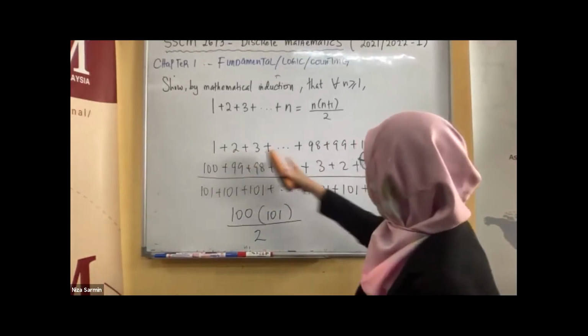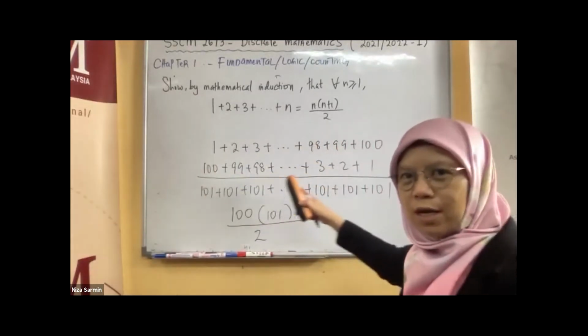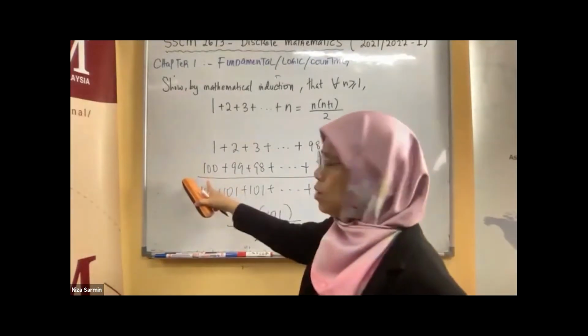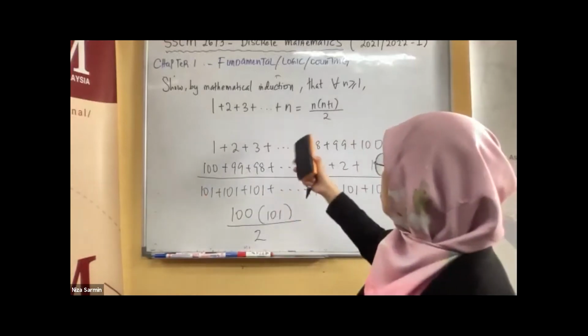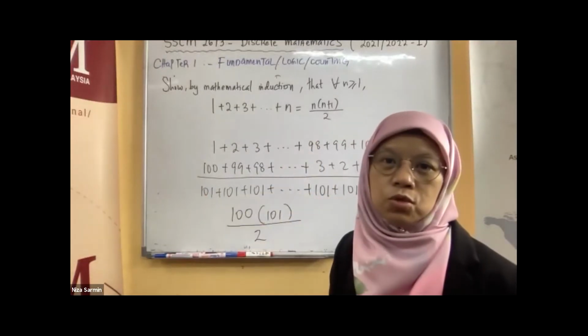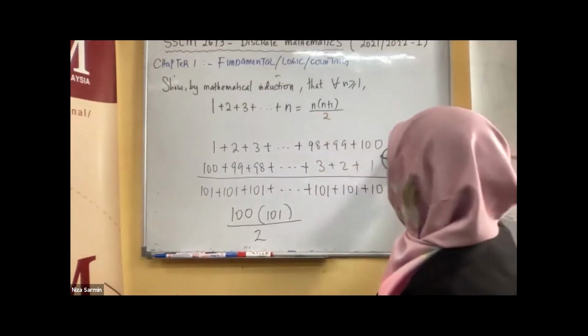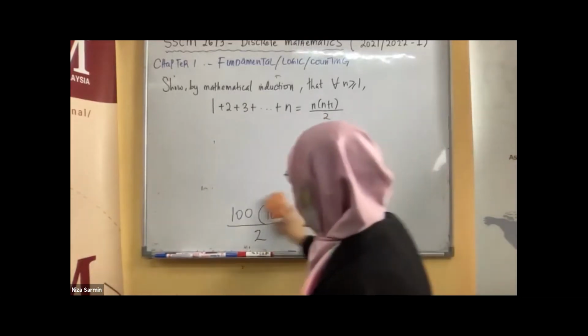So you can count until n, and then you write n minus 1 and so on the other way around. Then you add, every single one you will get n plus 1, and there are n of them. But you have to divide by 2 because you doubled it, right? So this is how, genius, right? He can think that way.